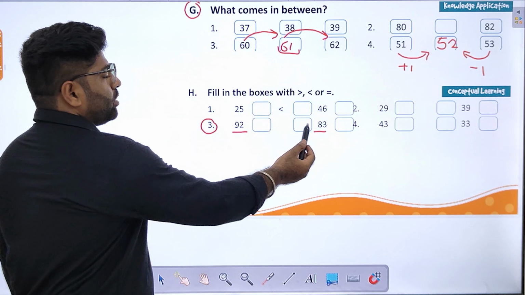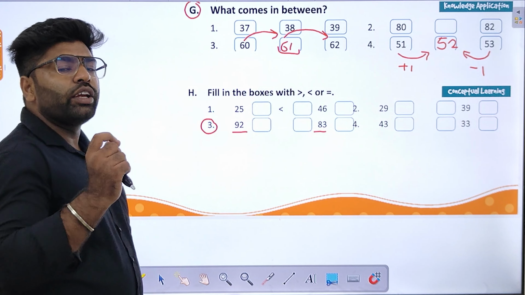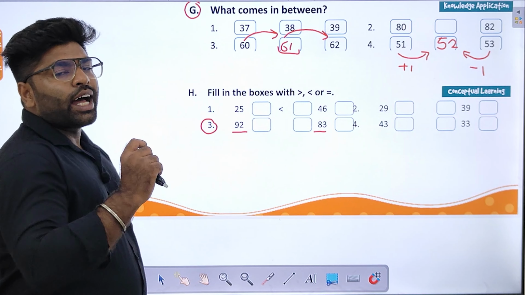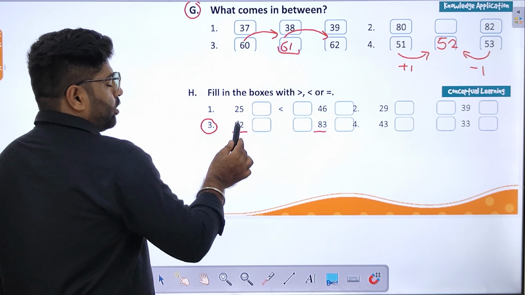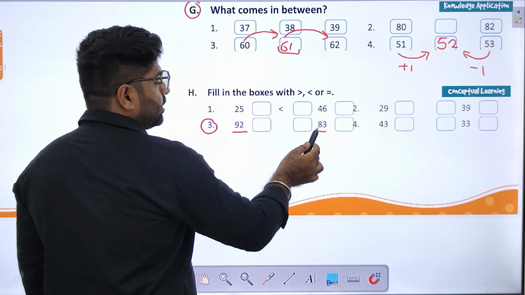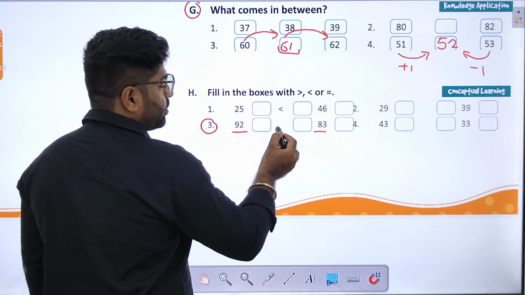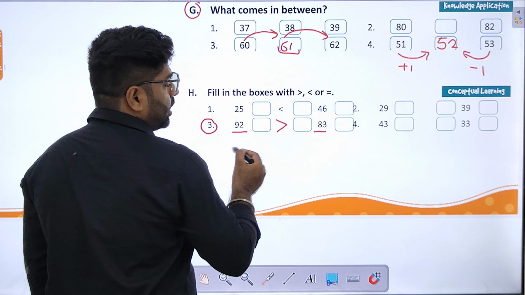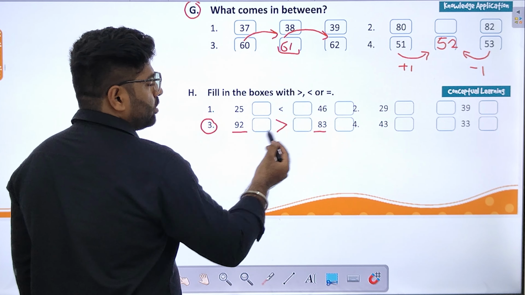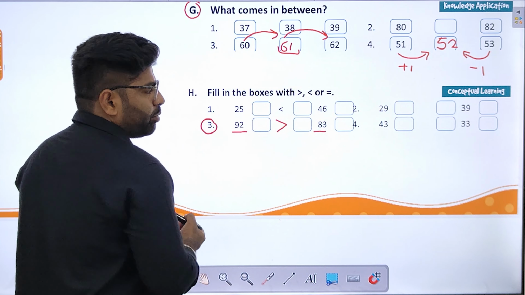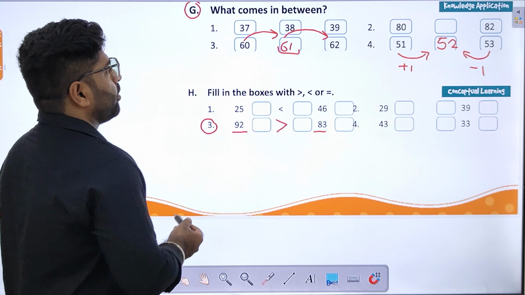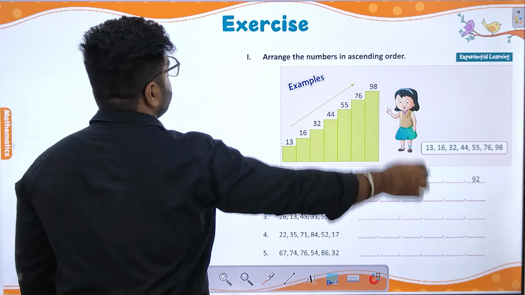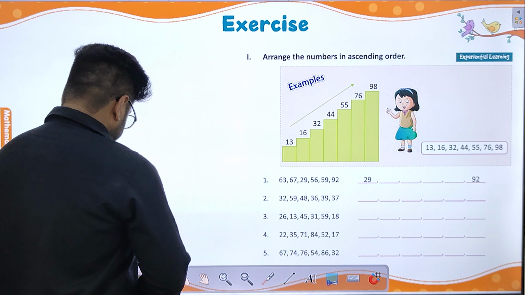This is a 2-digit number and this is also a 2-digit number. After that, we have to compare from the highest places. The highest place is the tens place, this is 9 and this is 8. Which one is greater? This one. We will put this sign. The open side is for the greater number and the closed side is for the smaller number. Okay? Next parts are for your practice.